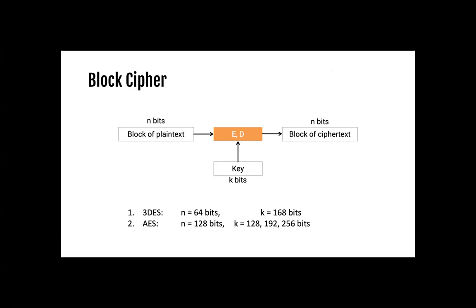Usually for 3DES, the size of the plain text is 64 bits, and the size of the key is 168 bits. And for AES, usually the size of the plain text or the ciphertext is 128 bits, and the key can be either 128, 192, or 256 bits, depending on how secure you want. Usually the longer the key is, the more secure it is.